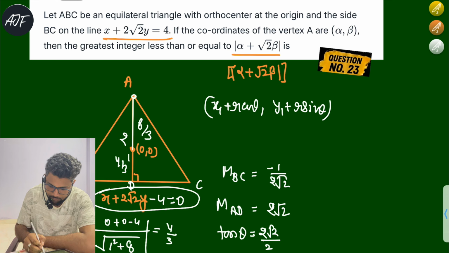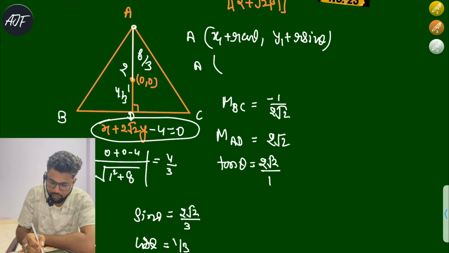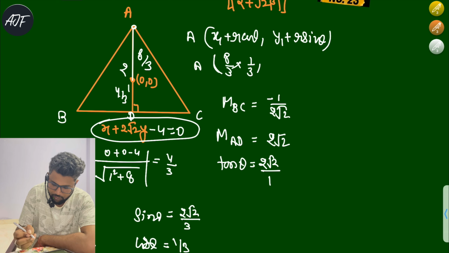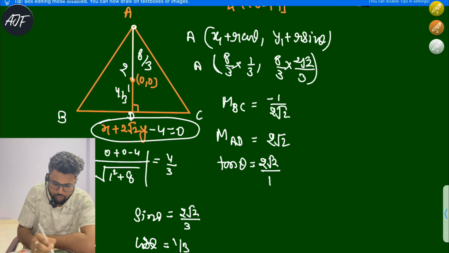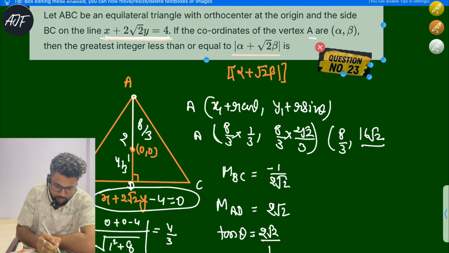If tan theta is 2 root 2 by 1, then if you make a triangle, this side is 2 root 2 and this side is 1. So the hypotenuse is 3, since the square of 8 plus 1 is 9 and its square root is 3. So r is 8 by 3 and cos theta value is 1 by 3, and sin theta is 2 root 2 by 3. So your coordinate is 8 by 9 comma 16 root 2 by 9.